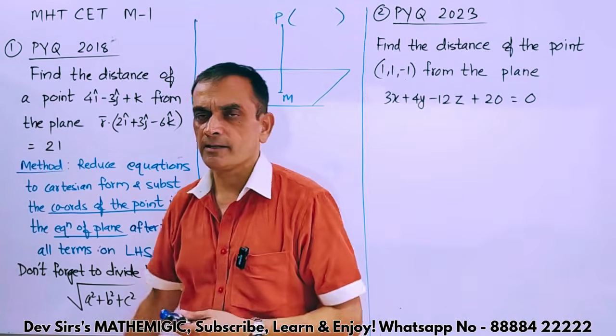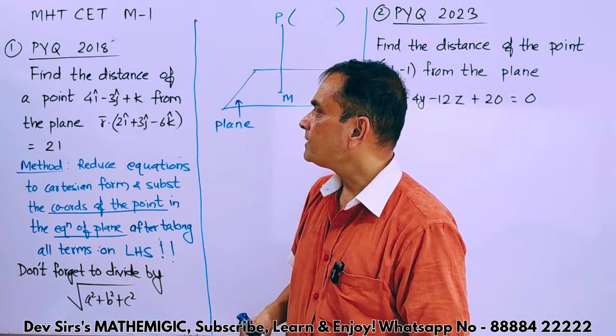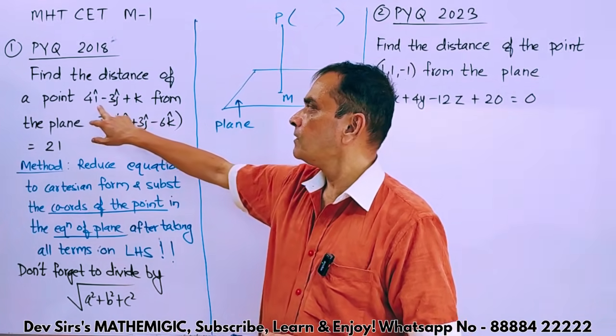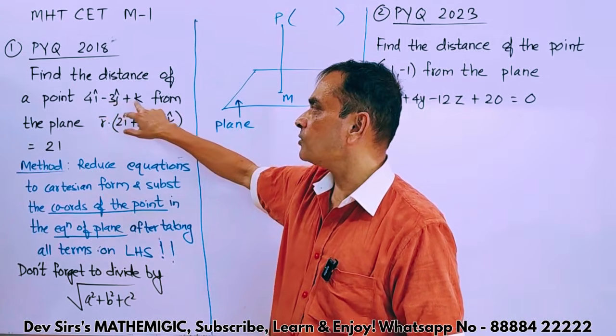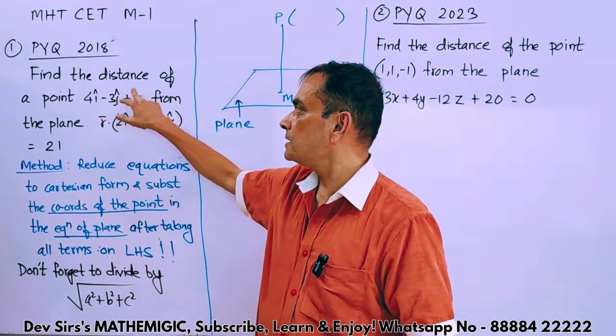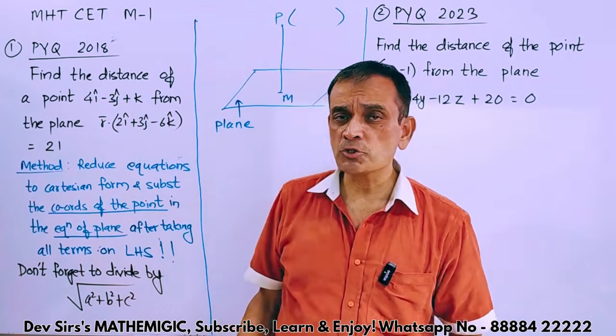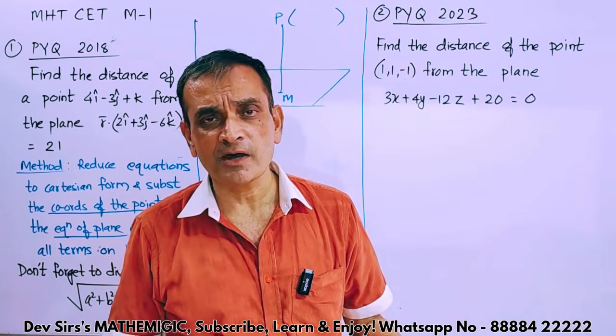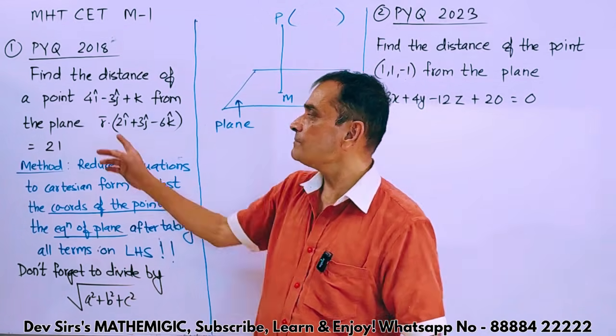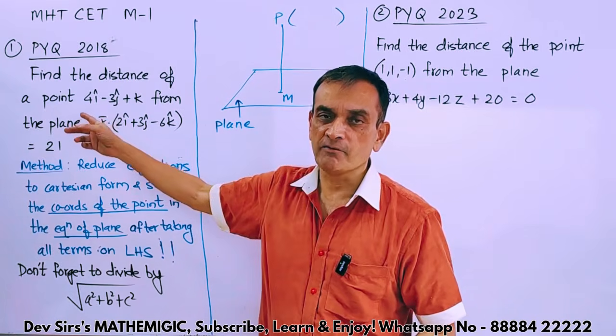PYQ 2018. Find the distance of the point 4i minus 3j plus k. Now remember, this is a point. You may think the point is in terms of x1, y1, z1, but sometimes the position vector of the point is given.